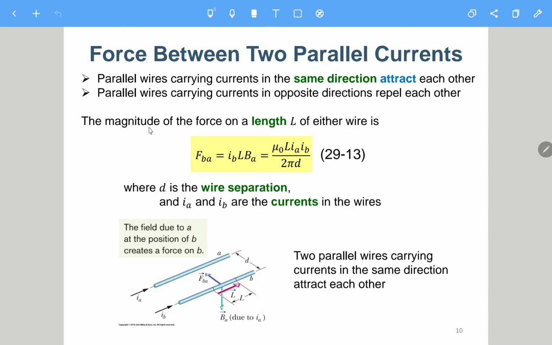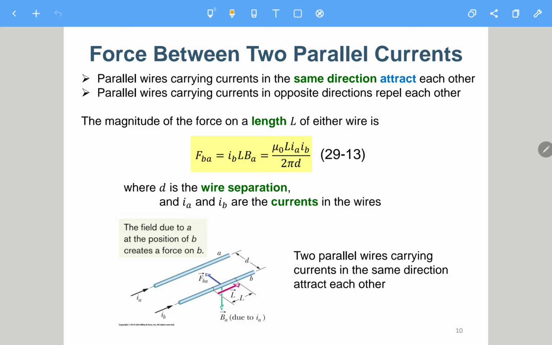Okay, so here it says the magnitude of the force on a length L of either wire is this expression: mu 0, L is the length of the wire, and then IA IB over 2 pi d. D is the separation.